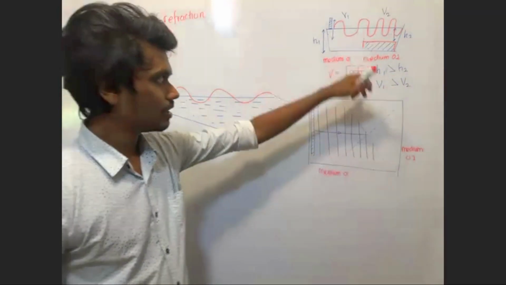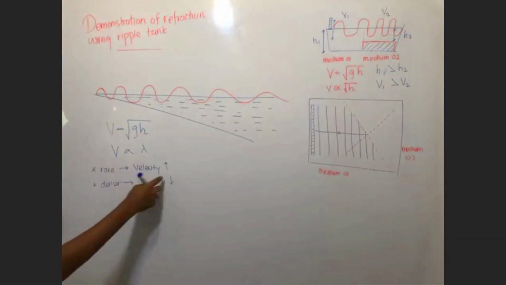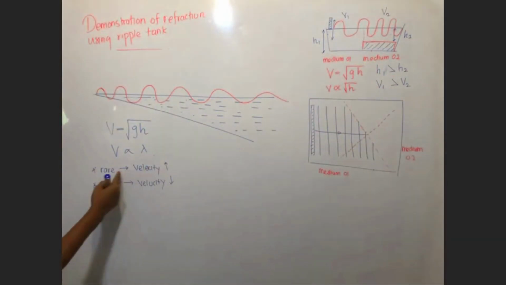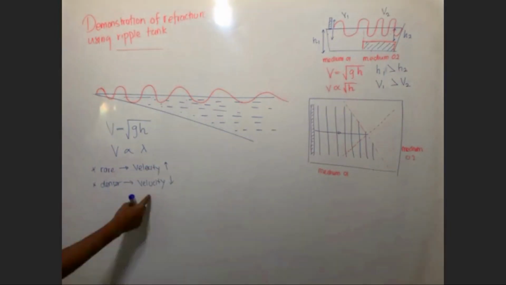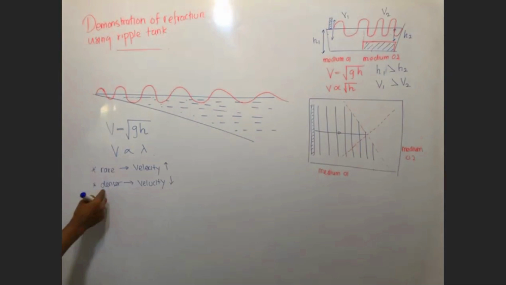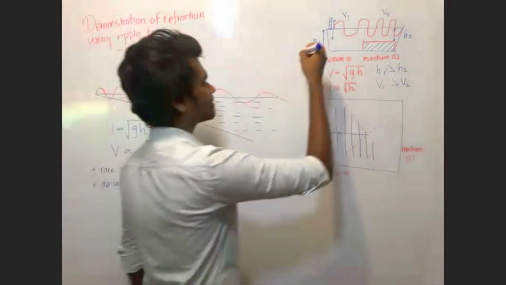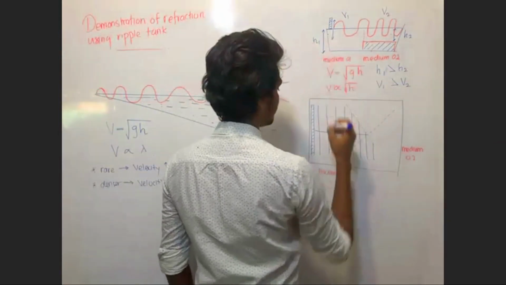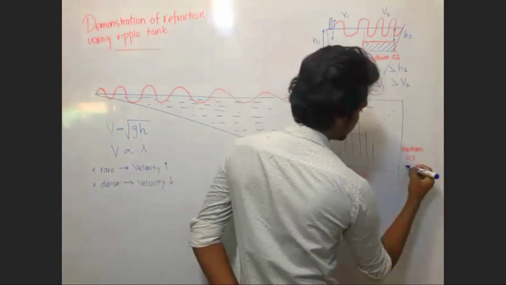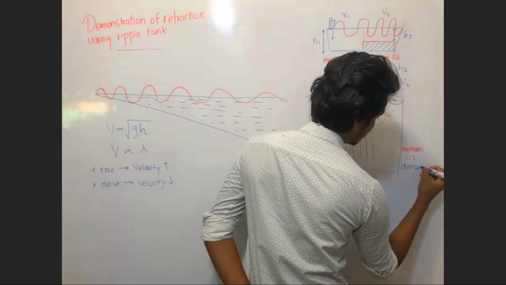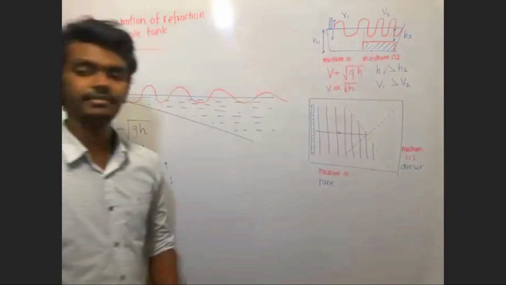So the medium which has the higher velocity is rare. Medium which has the lower velocity is denser. So this is rare. This is denser.